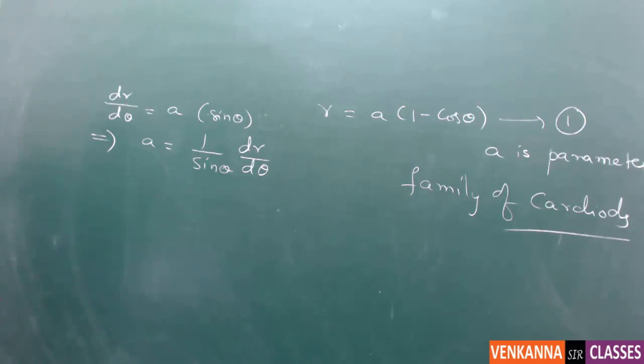Mainly cardioids, hypocycloids. Yes, it is important to understand the concept, that I agree. Yeah, it is there in the engineering mathematics textbook. You can have BS Grewal. Straight away, you can look at so many curve pictures. So knowing the curve picture and equation is enough. There is no need to determine how the shape of the curve existed there.